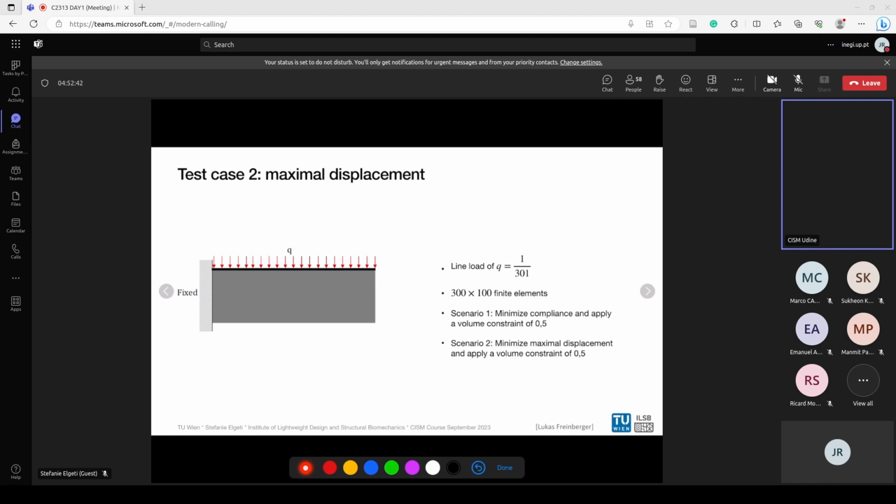Oh, a question, yes. How do you determine the value of the constraint for the compliance? Did you base yourself on the result from the other? So in this case, it was based on the result from the other computation. Oh, sorry, I forgot to repeat. So the question was how we determined the maximum value for the compliance.